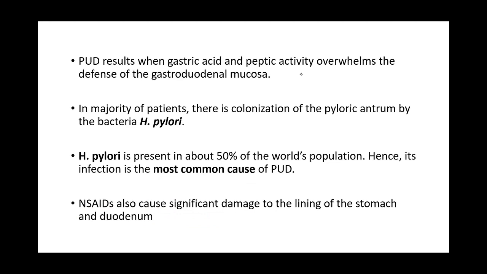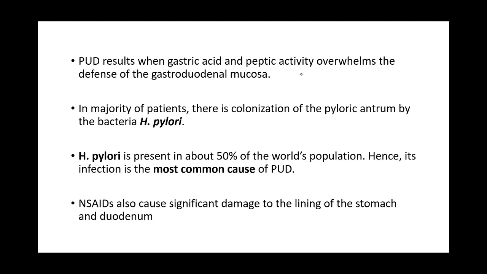Now, you should know that peptic ulcer disease results when gastric acid and peptic activity overwhelms the defense of the gastroduodenal mucosa. As we mentioned earlier, when there is an imbalance between the mucosal defensive mechanism and the acid peptic activity, this imbalance leads to erosion of the mucosal protective barrier.